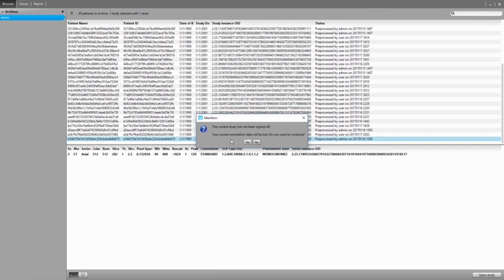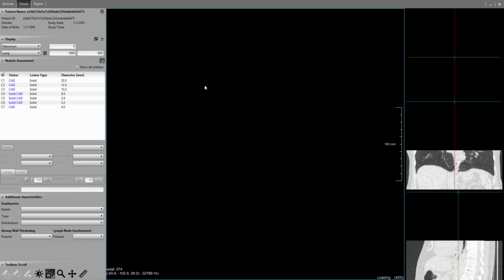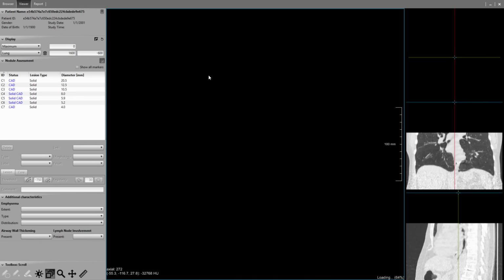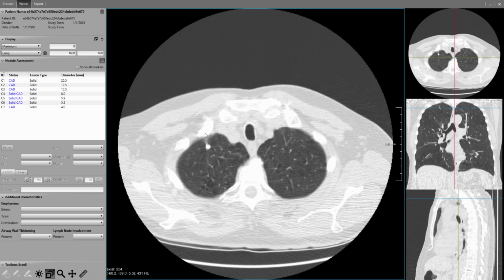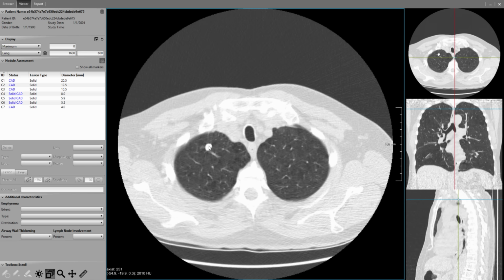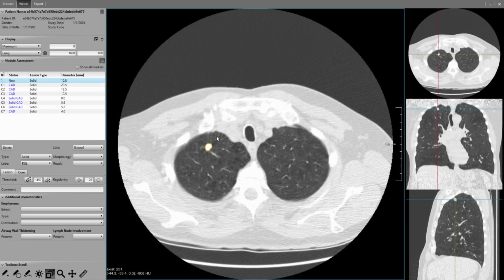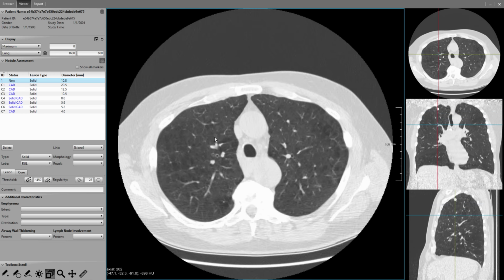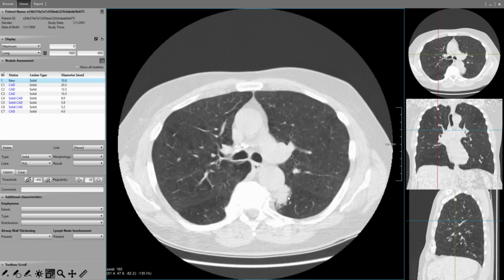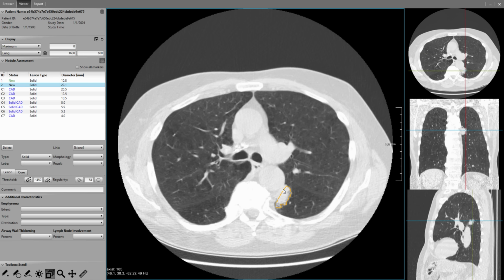Well, you can go on forever. We'll do one more. This is a cancer case. Oh, we immediately see a large nodule, but this is a calcified nodule, so this is a benign finding. But there is a really big lesion, which I think you should segment a bit more generously.